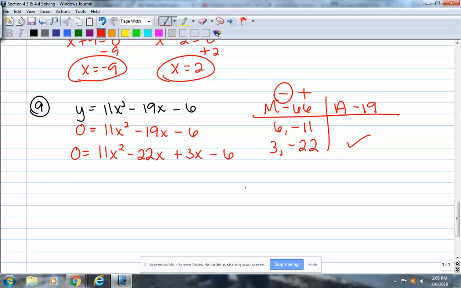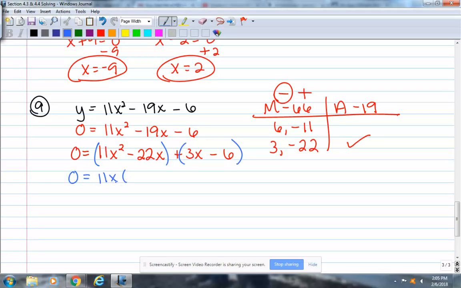So the first and the last term are copied from the first and the last term in the original, and you take the middle term and you break it into the 2 terms from the table. You got to do the grouping thing. Yeah, I'm going to do that grouping thing. Group and group. I'm going to keep my 0 hanging out there. What is my GCF in my first group now? 11x, good.